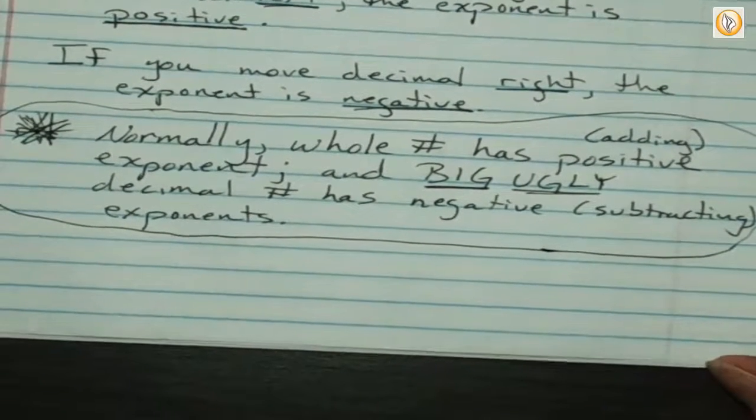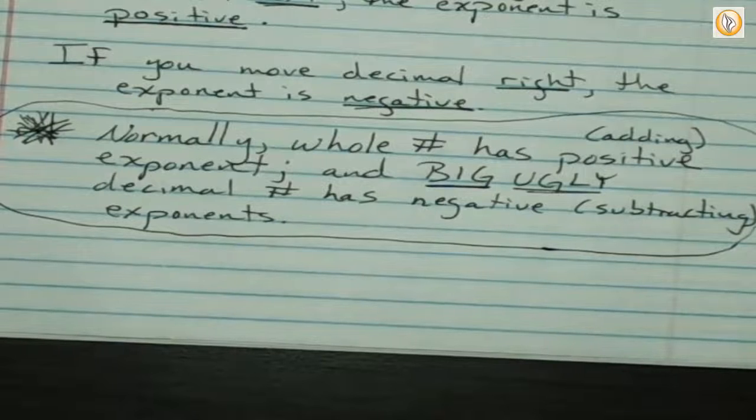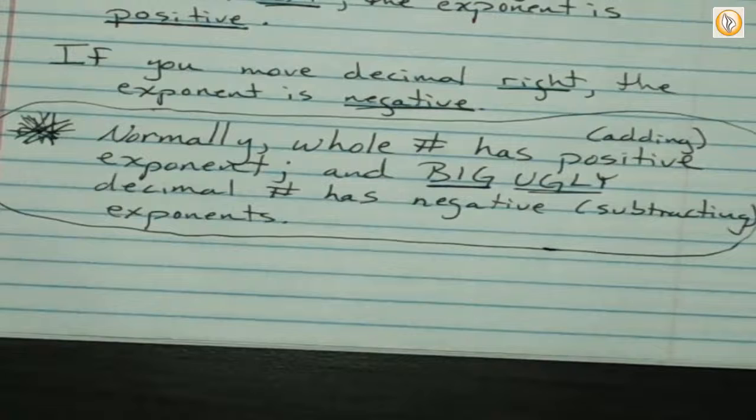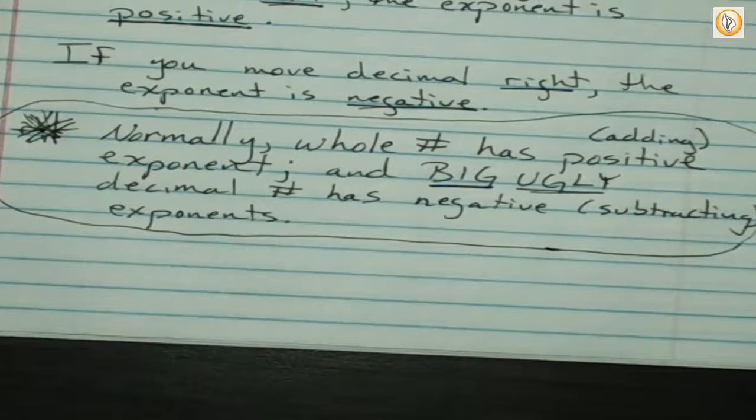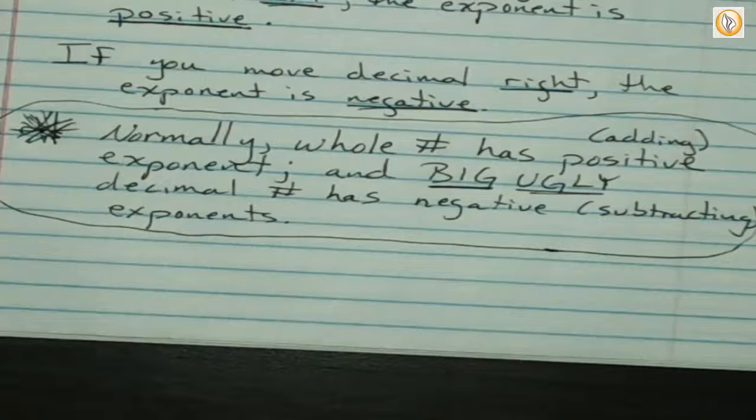I don't know why, but ever since I started talking about big ugly and whole numbers, my students just get it. If you don't think too much into it, they get it. The key is not to overthink it. I'm telling you, I have had lots of special classes over the years. And they have been able to handle big ugly for some reason better than any other mathematical explanation.